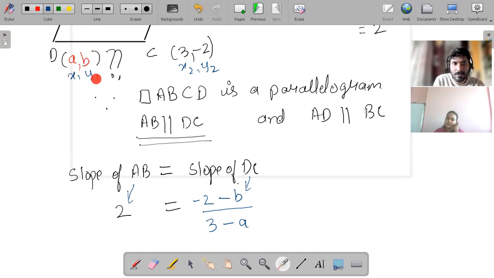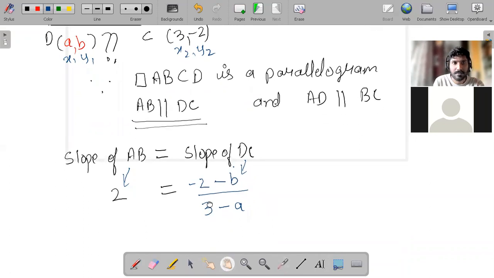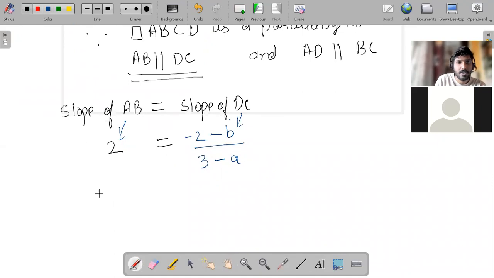So this will be x1, y1, this will be x2, y2. And I've used the slope formula here, y2 minus y1 upon x2 minus x1. Okay, so y2 is minus 2 minus... We can do cross multiplication. So let's do that cross multiplication.